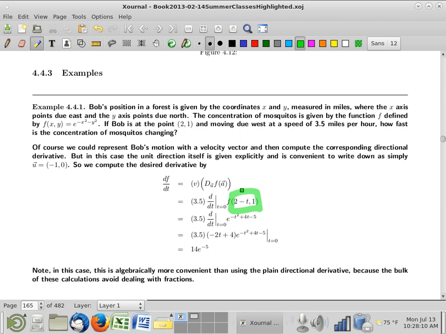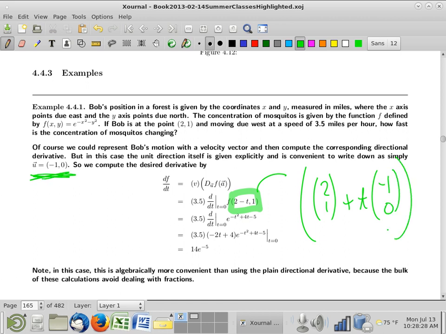Because this came from the starting point (2, 1) plus t times my unit vector velocity, (-1, 0). It's because we scaled out and looked only at the unit vector that this is a nice vector. Otherwise, there'd be a 3.5 in here, which means inside your parametric curve you'd have a 3.5.